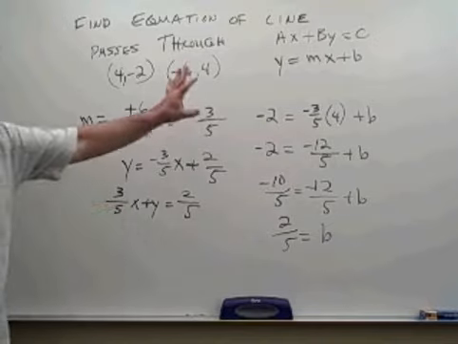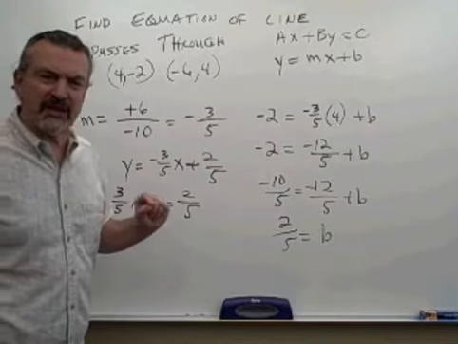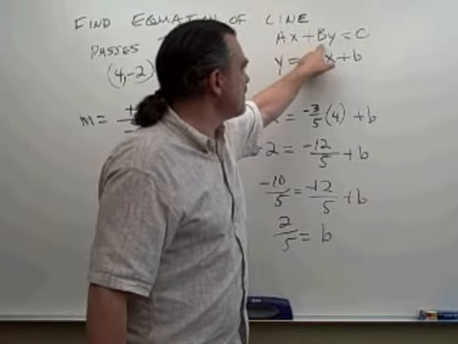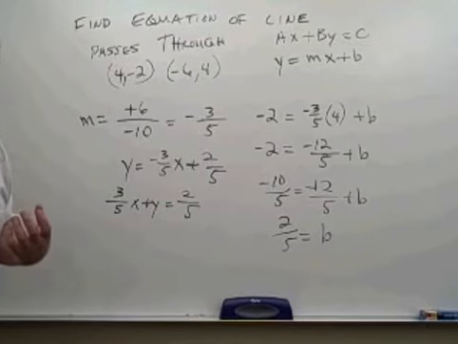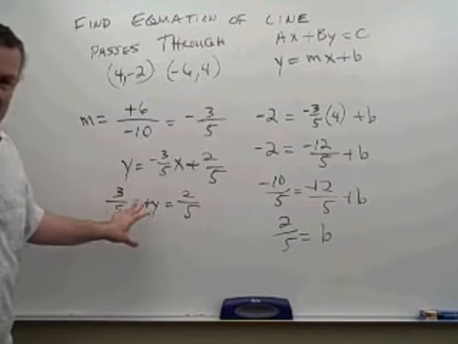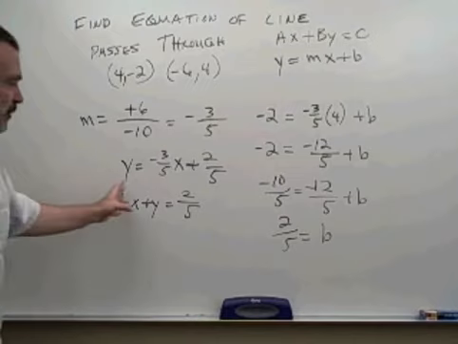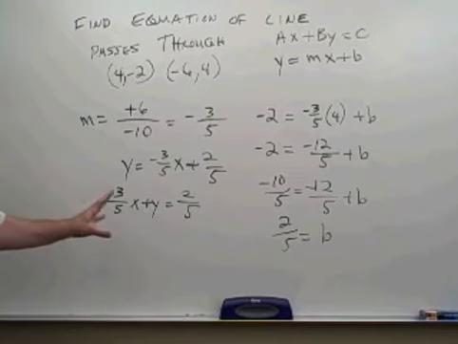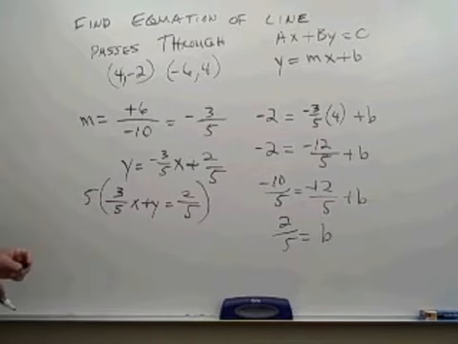So now the equation's in standard form, but typically when you see an equation in standard form, don't you see the coefficients as being whole numbers, as being integers? So if we wanted to write this equation in standard form with integer coefficients, we would need to multiply through in order to get rid of those fractions. And the multiplier we would use to get rid of those fractions would be 5.